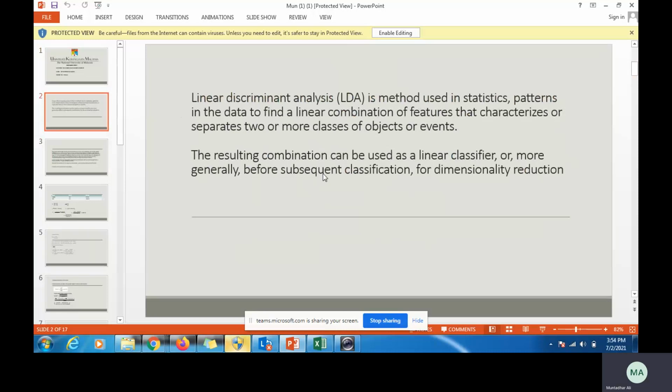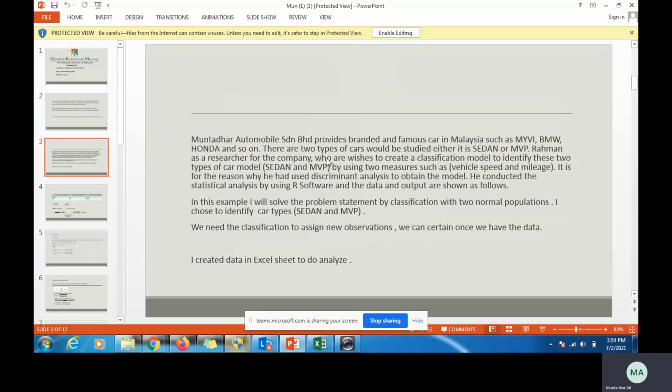In my problem statement, the example is Muntader Automobile Sdn Bhd, which provides branded and famous cars in Malaysia, such as Myvi, BMW, Honda, and so on. There are two types of cars to be studied, either sedan or MPV.